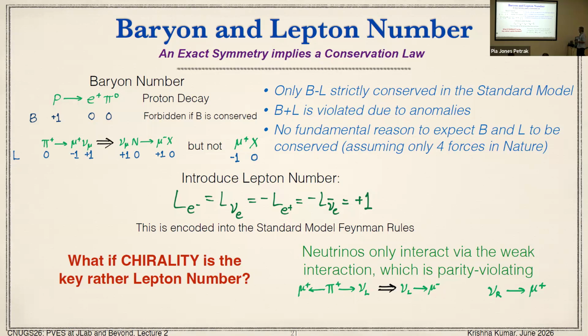And therefore, the right-handed projection will give you a mu plus, and so on. So there is no reason to force the standard model Feynman rules to have lepton number conservation so long as you have the V minus A weak interaction. Okay, so you don't need lepton number conservation to explain everything that you see.